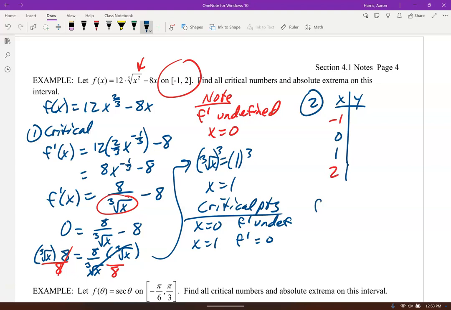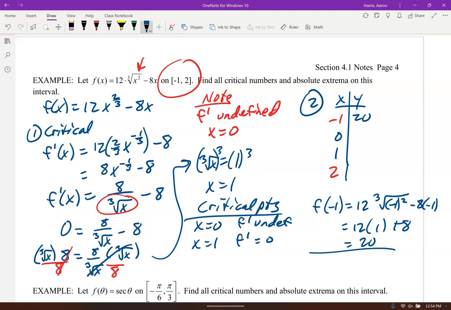I'm just plugging these in one by one. Let's plug the -1 into the original function. Third root of -1 squared is just 1, so 12 plus 8, and it looks like I got 20 here. Plug the 0 in. The third root is 0, so that's just 0. Plug the 1 in. That'd be 12 minus 8, so I got 4.